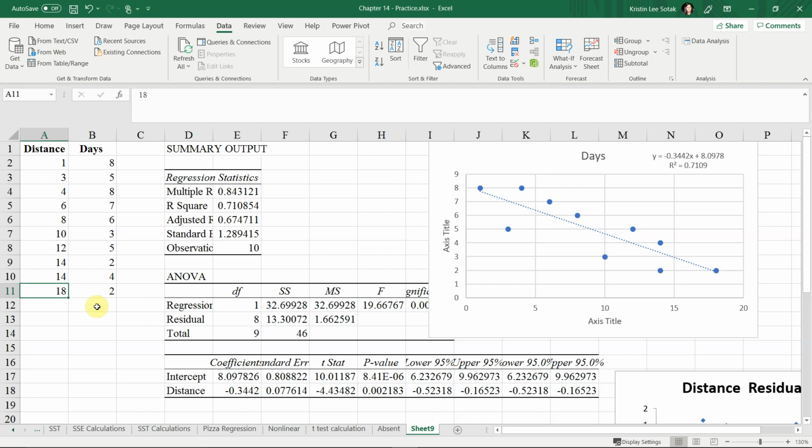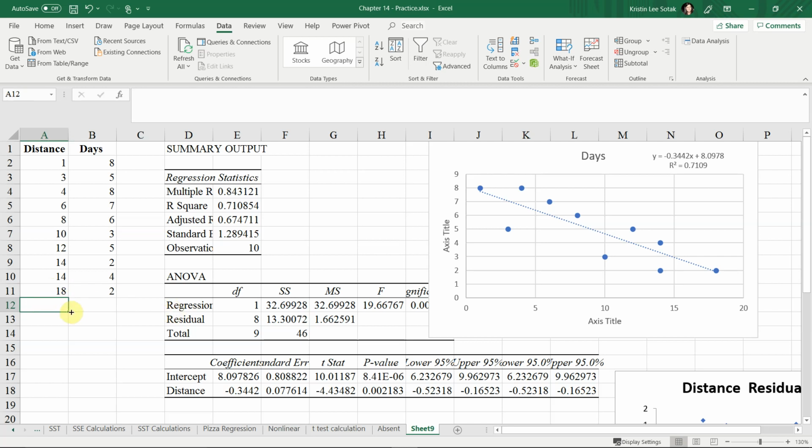Well, notice that our data doesn't include anything as high as 24. When you try to make predictions beyond the data range that you have, that's called extrapolation, and that can be kind of dangerous because we really don't have data out that far. We don't know how the data behave out there.